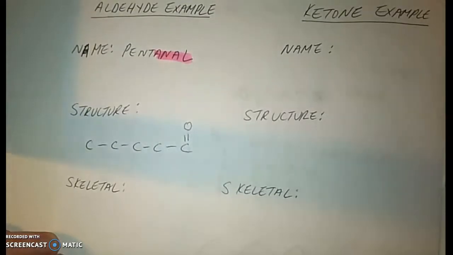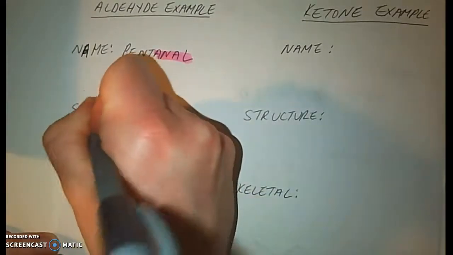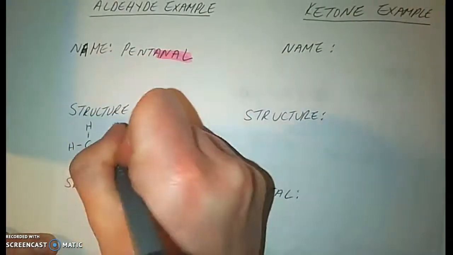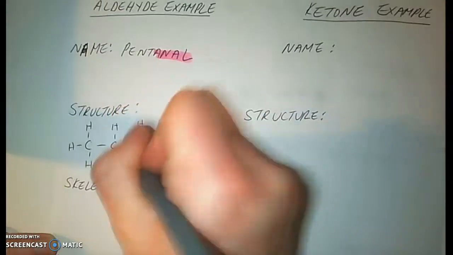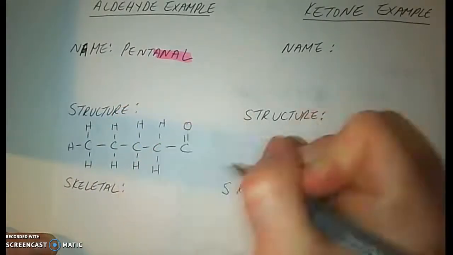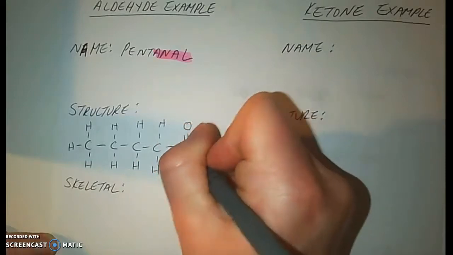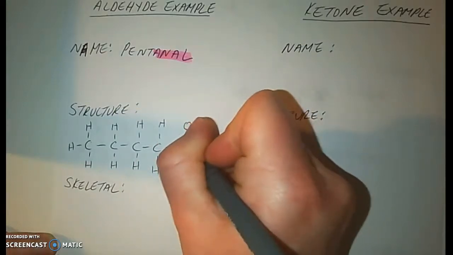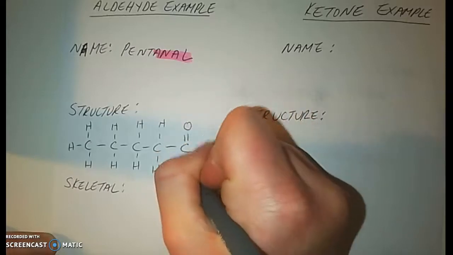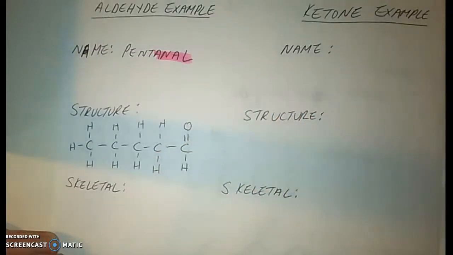Then the last thing I need to do is just fill everything's bonding spots with hydrogens, making sure that every carbon is making 4 bonds. And then I want to double check this carbon right here. It's actually already making 3 bonds because it's got this double bond to oxygen. So it only needs 1 hydrogen, not 2.